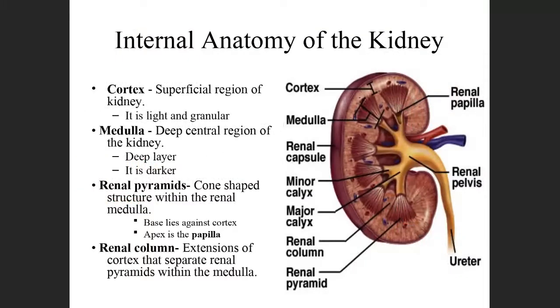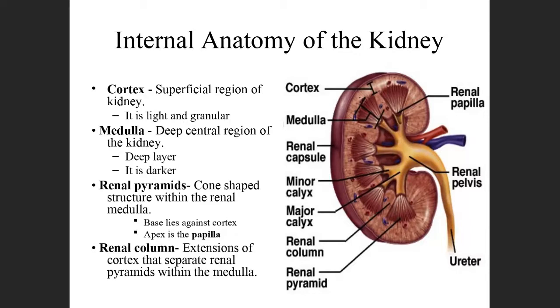Next. So now we have studied the external features of the kidney. What is there inside the kidney? Inside the kidney, when you take a section, it is mainly divided into two parts.